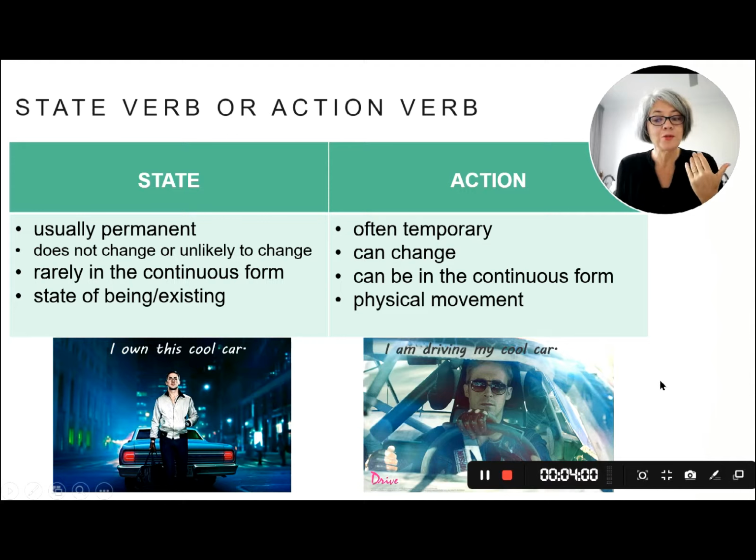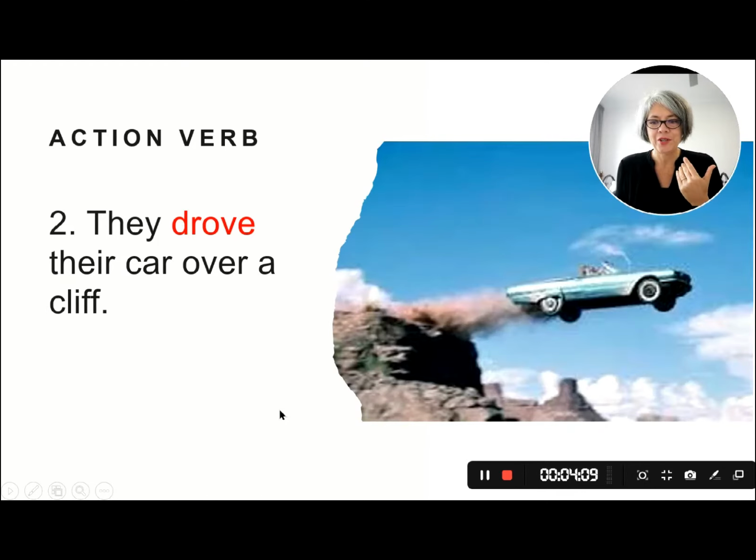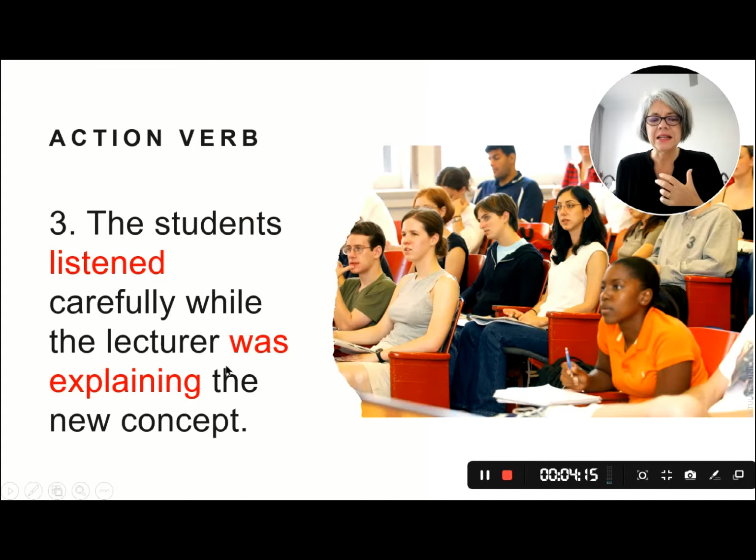That's the difference between the state verb and the action verb. So in this sentence, jump is an action verb. Drive or drove in the past, action. Listen, explain. This is temporary. It's happening now. Action verbs.